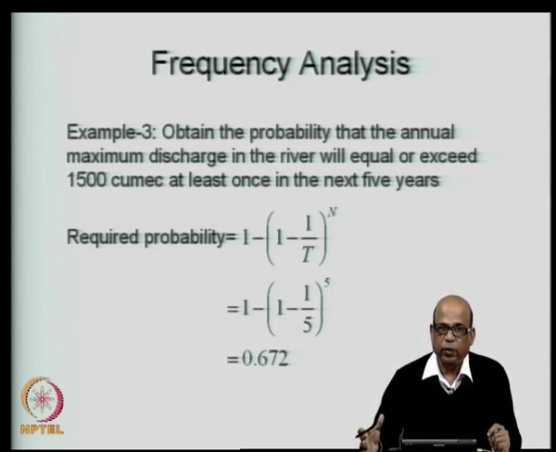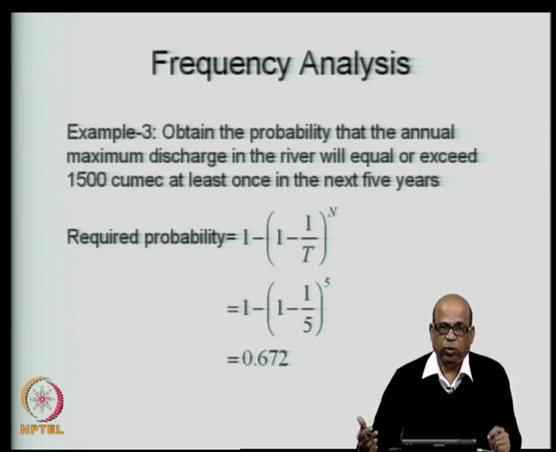We compute the average recurrence interval and then call it the return period. So, the return period indicates that on an average such an event will occur once in about t years, where t is the recurrence interval, t is the return period.